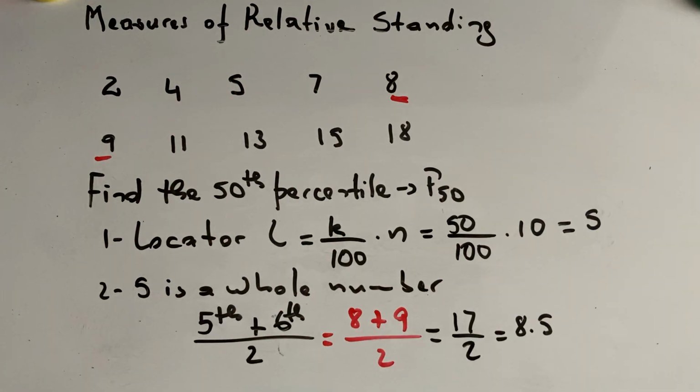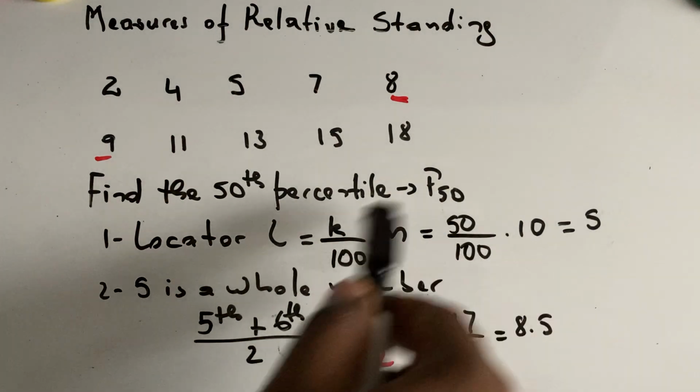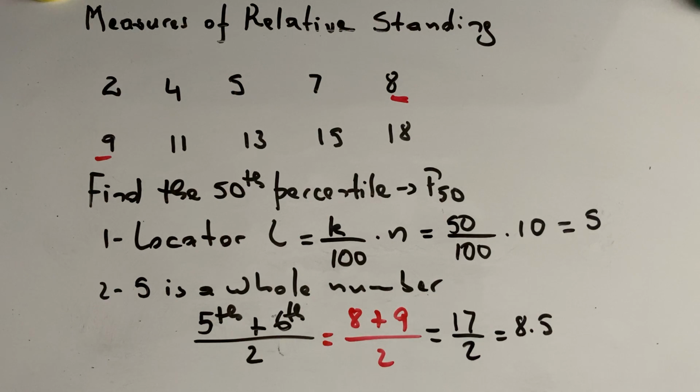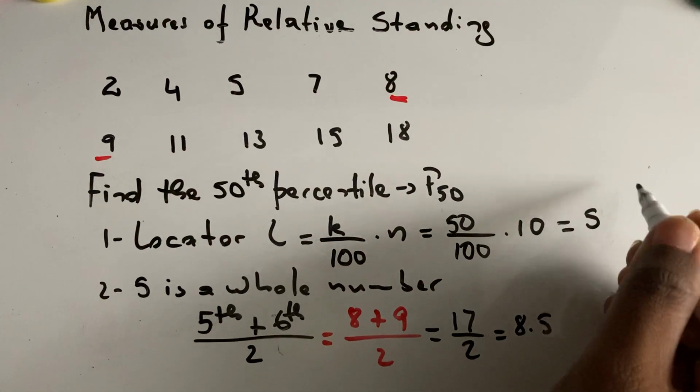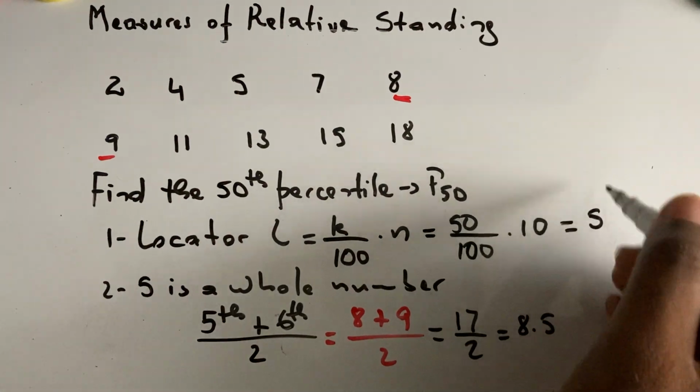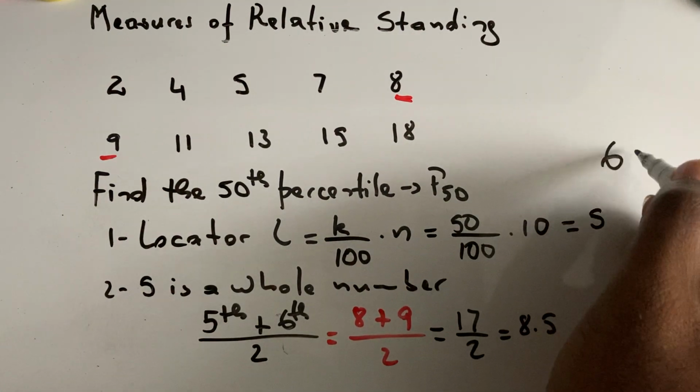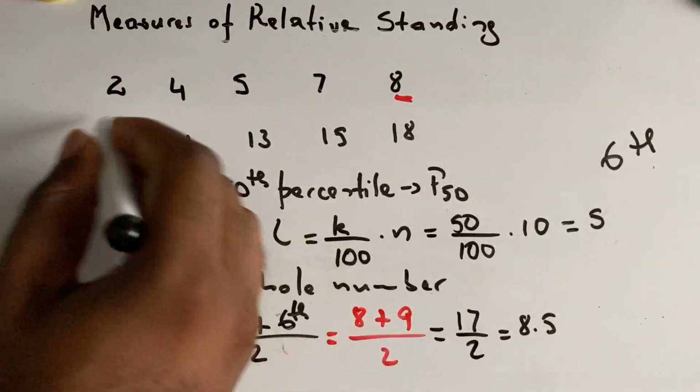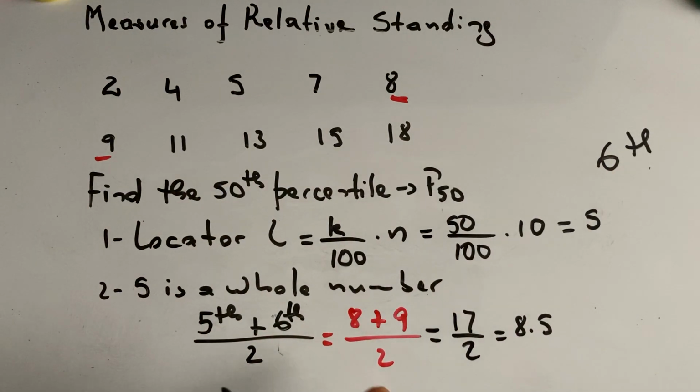Let's say after you did everything for the locator, you got 5.1, 5.2, 5.3 or 5.5, whatever you get, you would still round up to the next value, the sixth value. In this case, it would be 9. So 9 would be the value you needed.